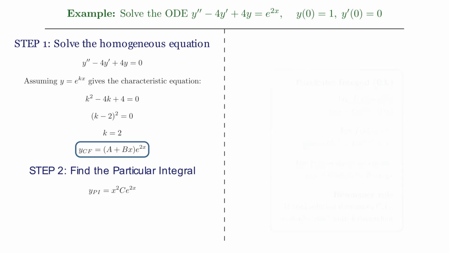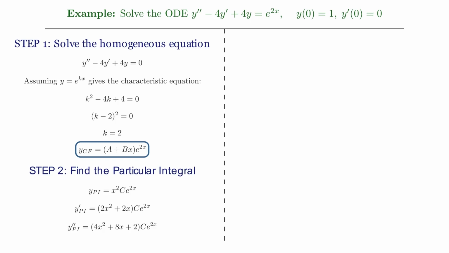From here we need to differentiate. Using the product rule, we get that y' = (2x^2 + 2x) c e^(2x). Then differentiating again using the product rule, we get that y'' = (4x^2 + 8x + 2) c e^(2x).